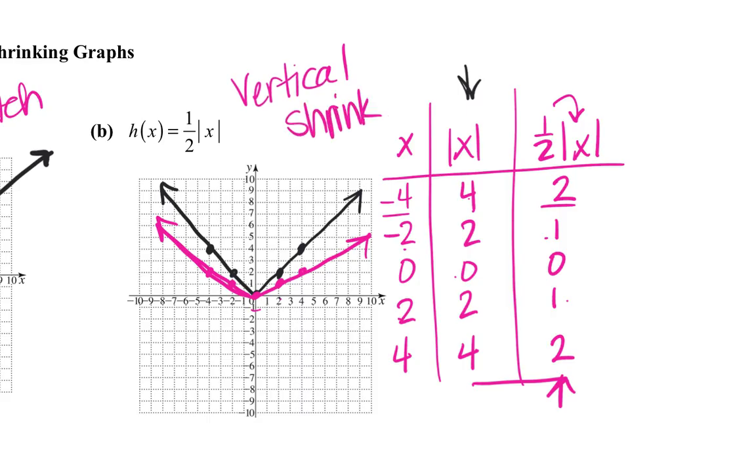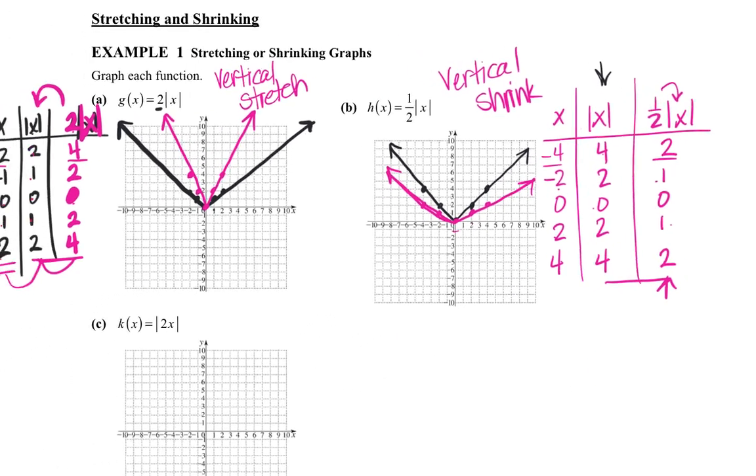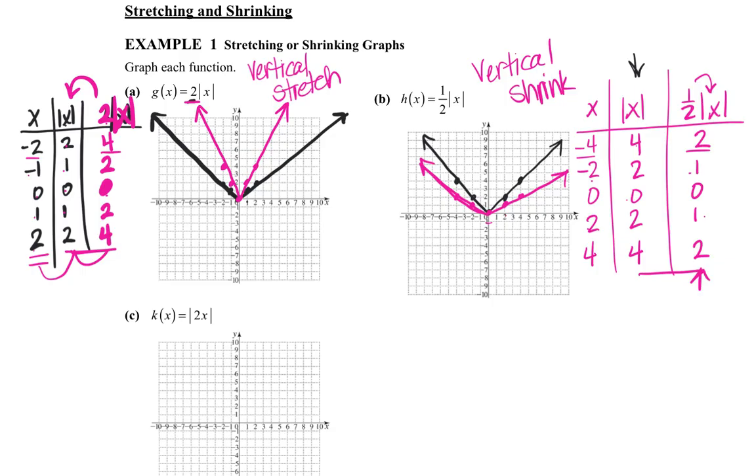Every time I say the word shrink, I think of shrinky dinks. So when your value in front, we'll call this A. If you have a function, actually let me use different letters. Let's say that you've got y equals f of x, and y equals a times f of x.